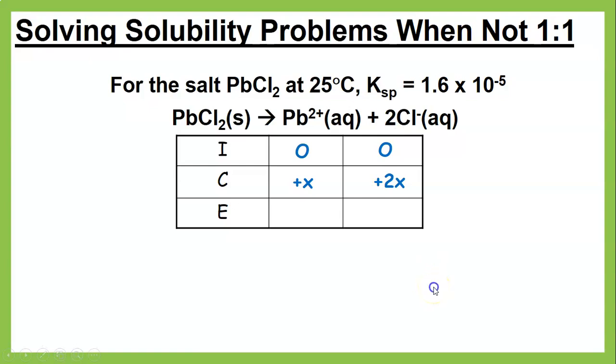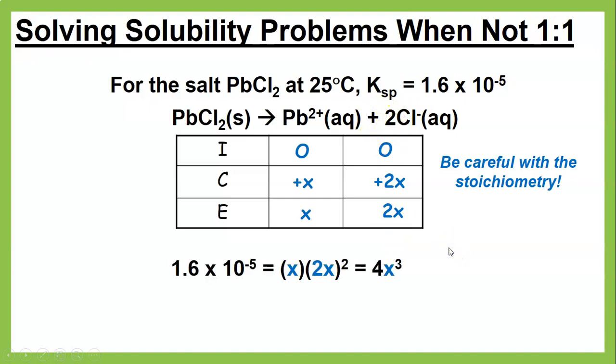You've got to keep an eye on your coefficients in your balanced equation. Because now when I plug into my law of mass action, remember this won't be present. It's just going to be X times 2X squared because we had a 2 here. This is what we end up with.